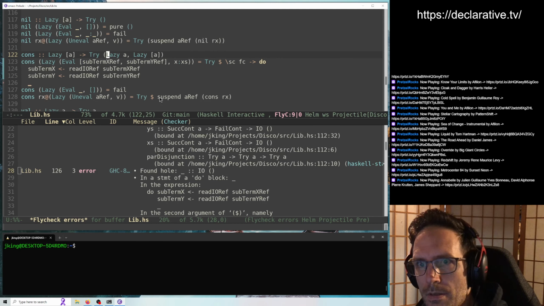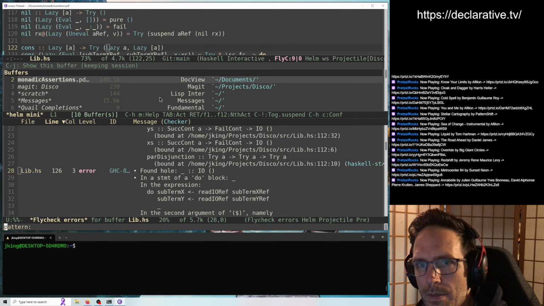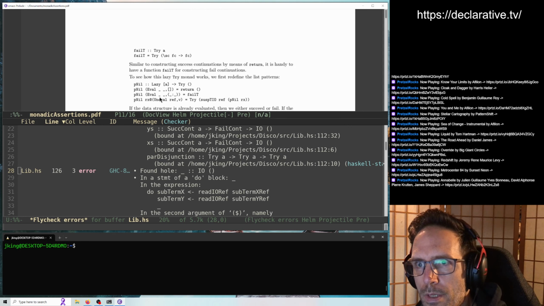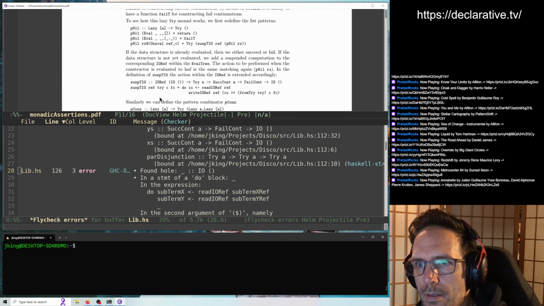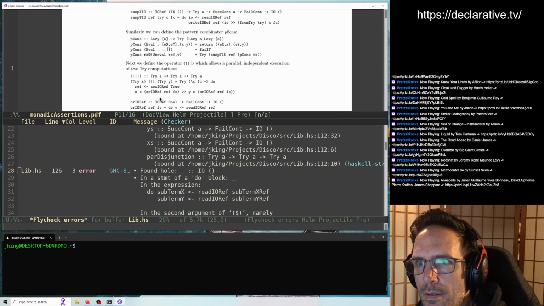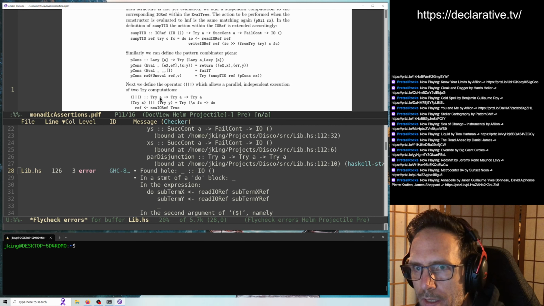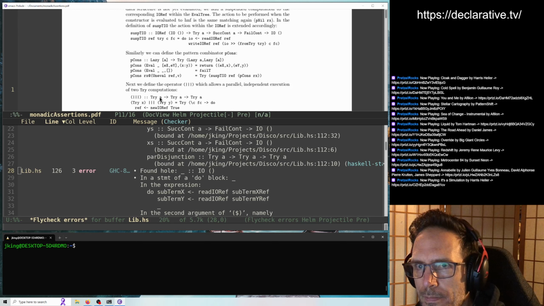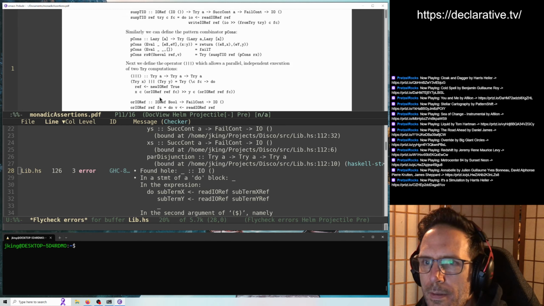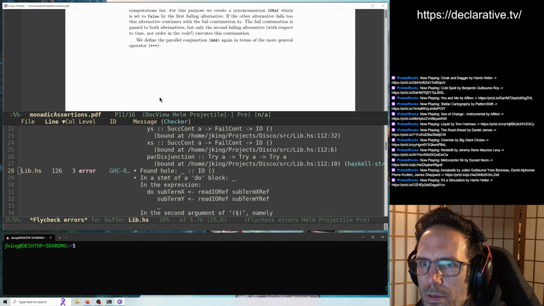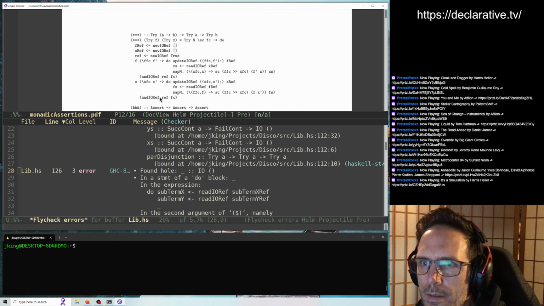And for some reason, the silly combinator wants it to be this tuple with lazy A and lazy list of A. I don't know if we even use pecons again.